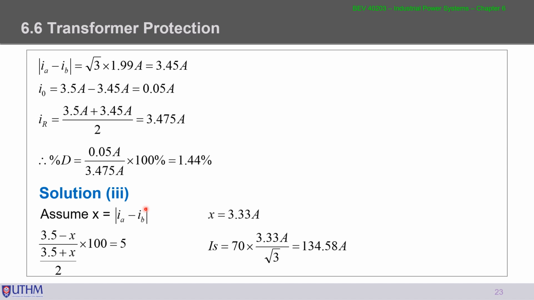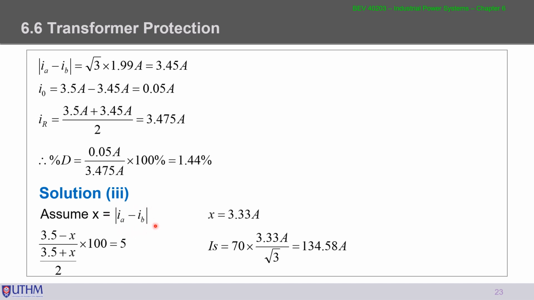Okay, next is the solution for question number 3. Question number 3 needs us to propose the minimum secondary current to activate the differential relay. First we have to know what is X. We assume X is equal to small ia minus small ib.